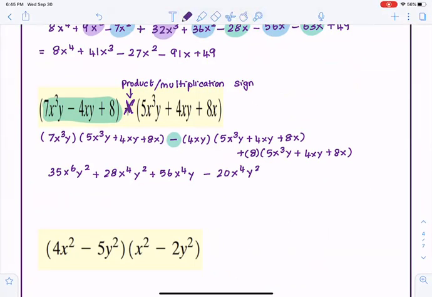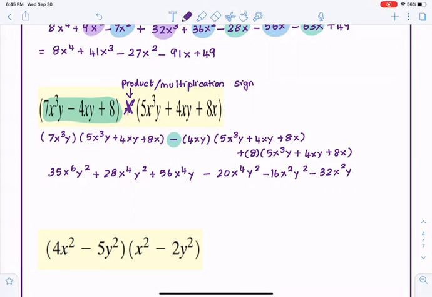Negative 4xy multiplied by positive 4xy would be negative 16x squared y squared. Negative 4xy multiplied by 8x would be negative 32x squared y.